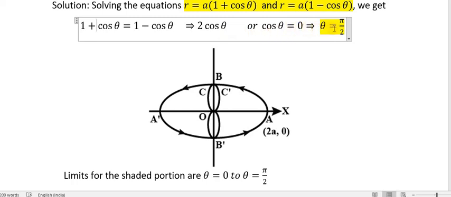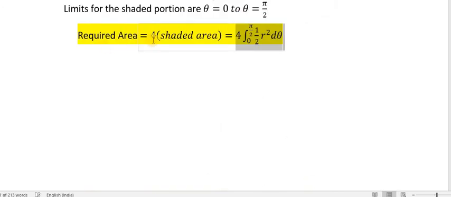Cos θ is equal to 0 means θ is equal to π/2. Therefore, the limits are 0 to π/2. The limits of the shaded portion are θ is equal to 0 to θ is equal to π/2. Now, the required area is equal to 4 times the shaded area. So 4 times the shaded area means integral 0 to π/2 half r square dθ.